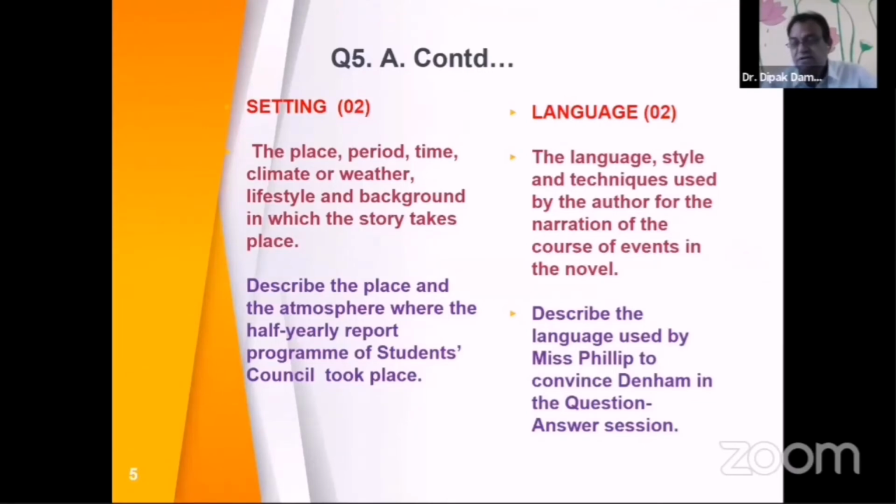This is a very important event in that students council program, and there was a kind of debate between them, and this is a very interesting incident. So you have to frame activities on language. Many examples can be given.